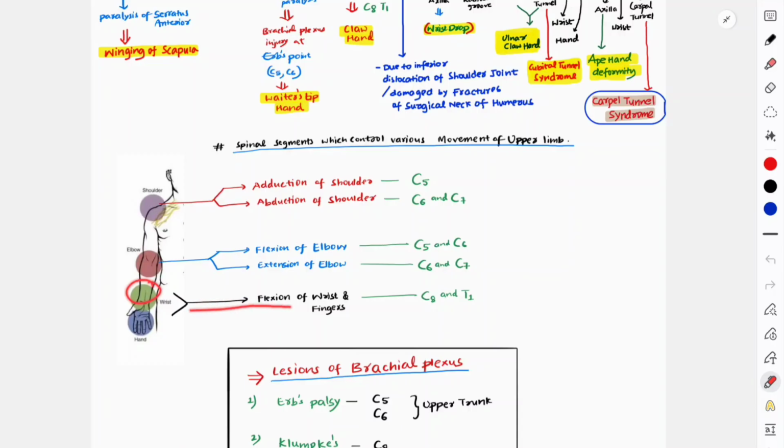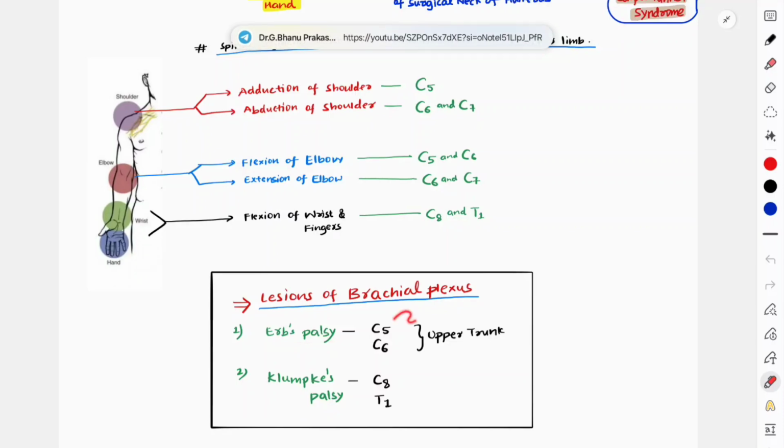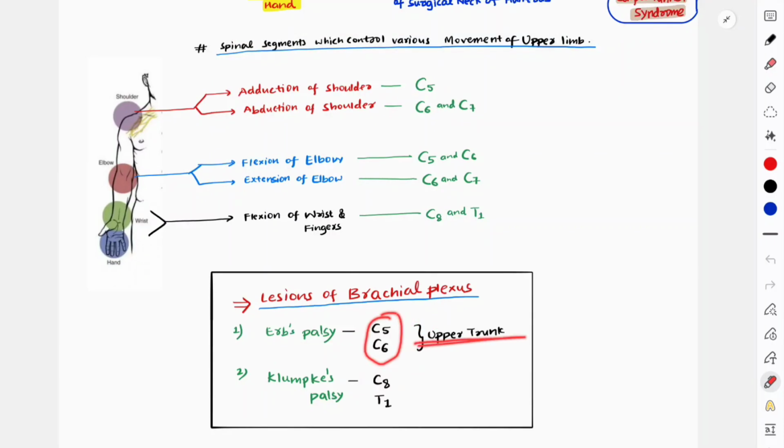At the wrist and fingers, flexion of the fingers is caused by C8 and T1 segment of the brachial plexus. See the lesions of the brachial plexus: Erb's palsy and Klumpke's palsy or paralysis. Erb's palsy is due to the lesion at C5 and C6 spinal root of the upper trunk, and Klumpke's at C8 and T1 of the brachial plexus.